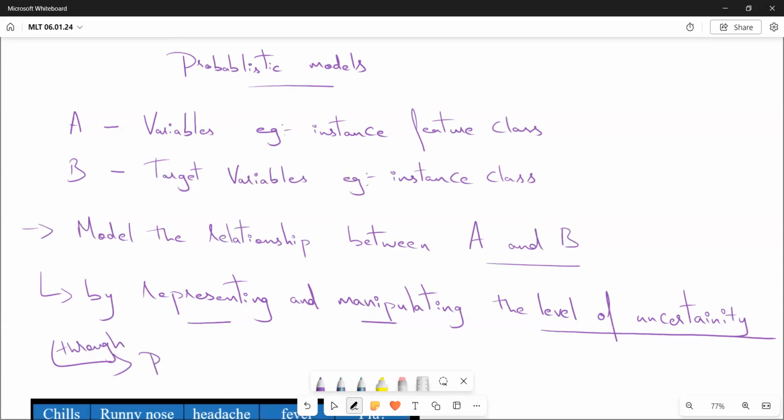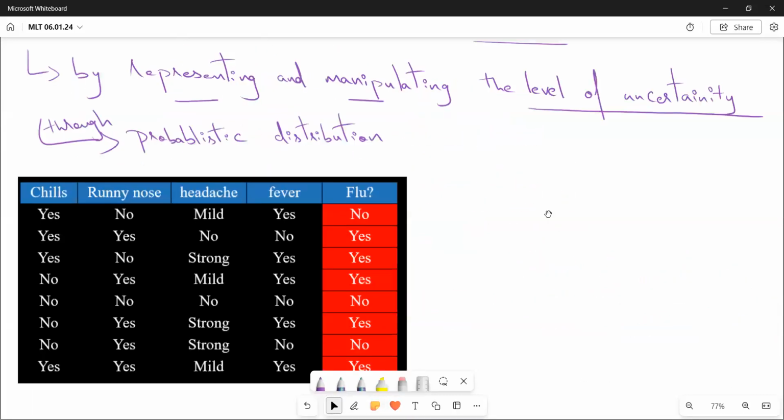So you have your variables, which exist in the form of data, and you are trying to represent or manipulate the level of uncertainty that exists with these variables through probability distribution. That is how probabilistic models work.